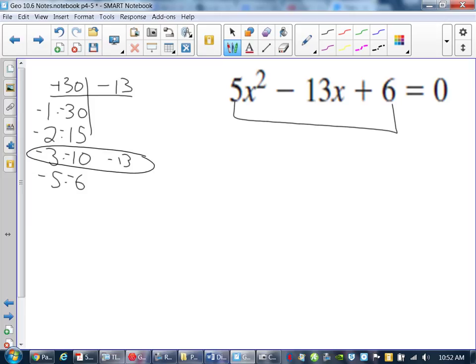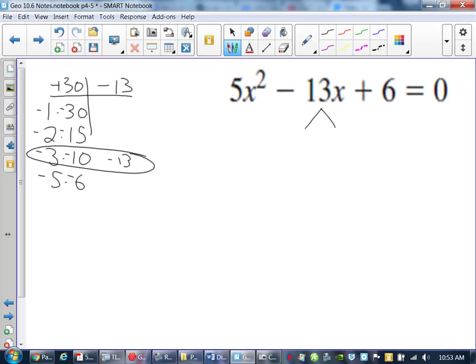So here's our winner. Now, the way that we work with trinomials that have the first term not equal to 1, we do it just ever so differently. What I like to do is called split middle term, or some people call it factor by grouping.